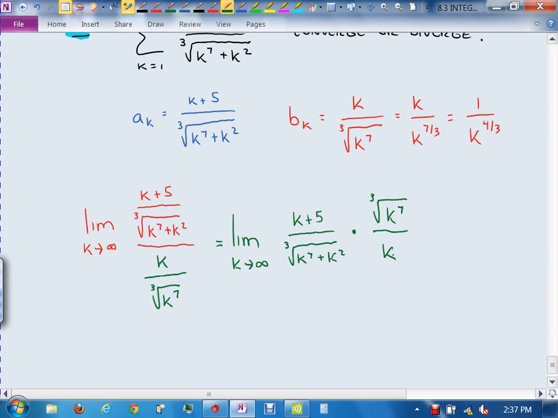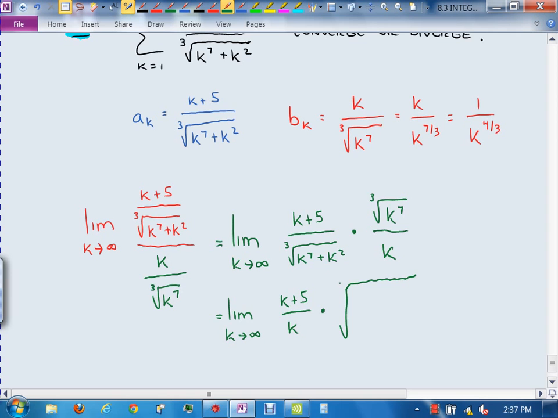Now, the reason why I did this is because what I'm going to do is take k to the 5th, k plus 5 over k, and put those together. Times, now these are both under the cube root, right? These are both cube roots. So couldn't I do this?